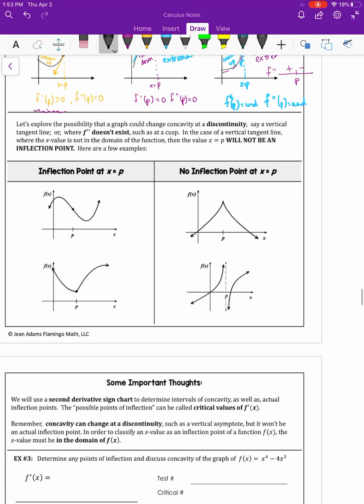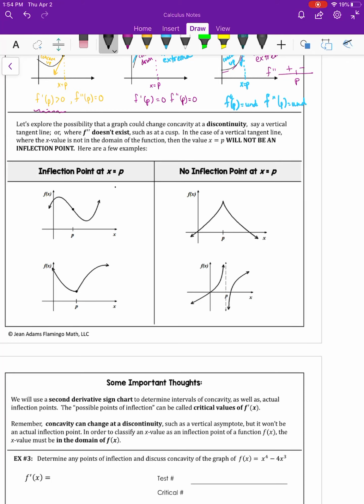So let's explore the possibility that a graph could change concavity at a discontinuity, say a vertical tangent line, or where f double prime doesn't exist, such as at a cusp. In the case of a vertical tangent line where the x value is not in the domain of the function, then the value x equals p will not be an inflection point. So here are a few examples.